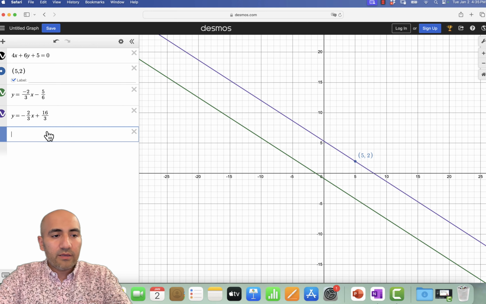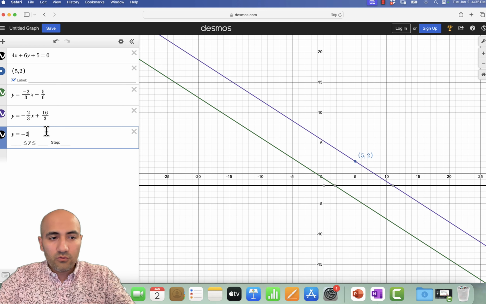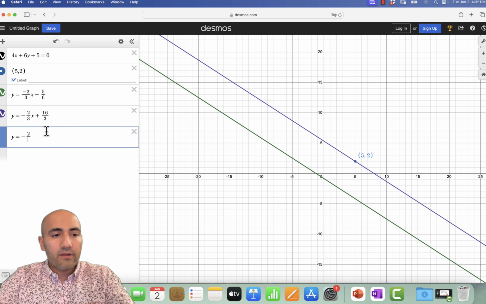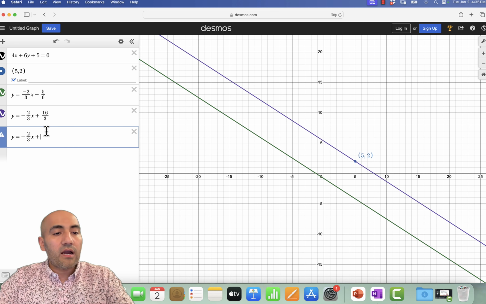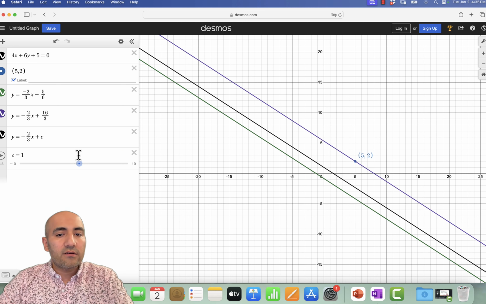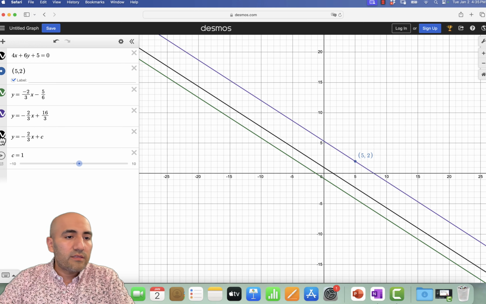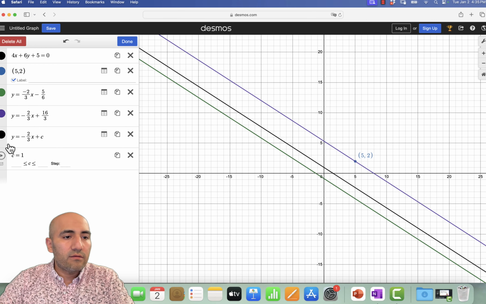So if I just type in y equals negative 2 divided by 3 x plus some constant, let's call it c. We're going to let c be a slider. Let's put this one in a different color, let's put it in red. Okay.